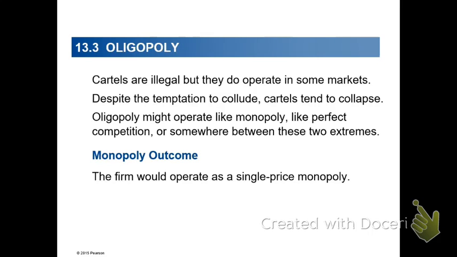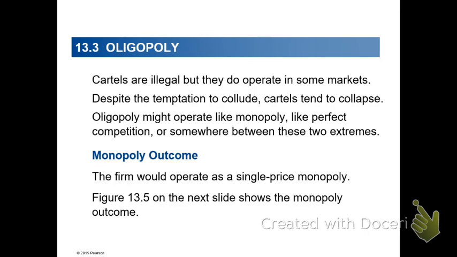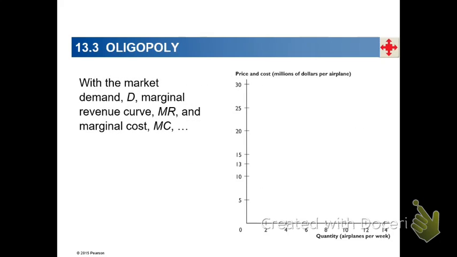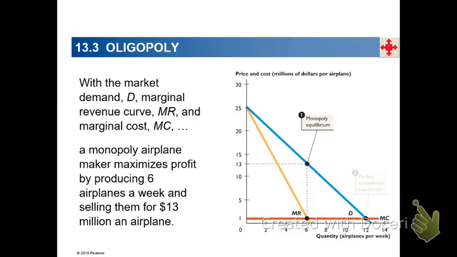If our oligopoly works like a monopolist, the oligopoly outcome and profit maximizing decision will be similar to the monopoly case. And if our oligopoly firms engage in intense competition among each other, we could actually see outcomes which are very similar to perfect competition.